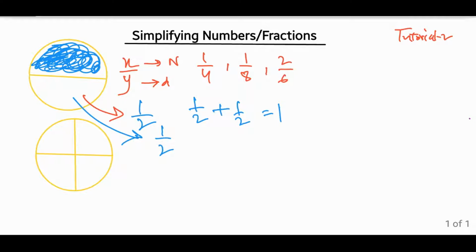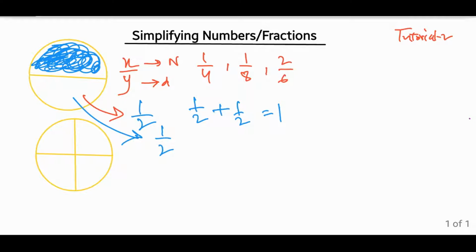Now I'll tell you what a percentage is before I move on to conversion to percentage. In mathematics, a percentage is a number or ratio expressed as a fraction of 100. Let me give you an example. Suppose I have drawn two pizzas here.